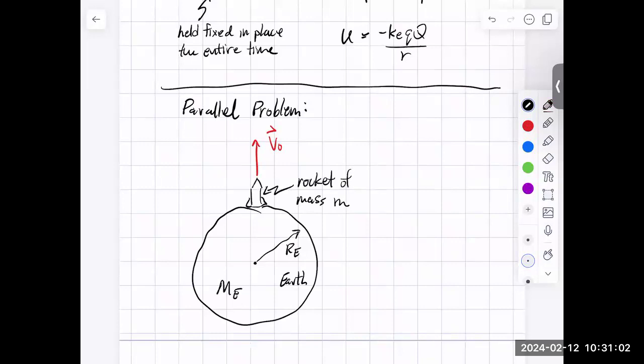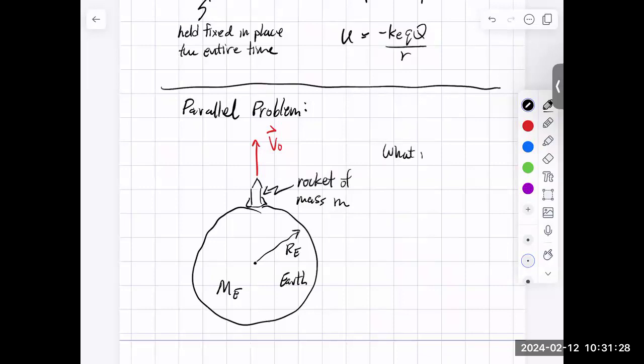The rocket is always going to be attracted gravitationally to the Earth, just like our point charges of opposite sign are always attracted to one another. So the question is, what is the initial speed required such that the rocket escapes the gravitational pull of the Earth? That is, the rocket never returns back to the Earth.